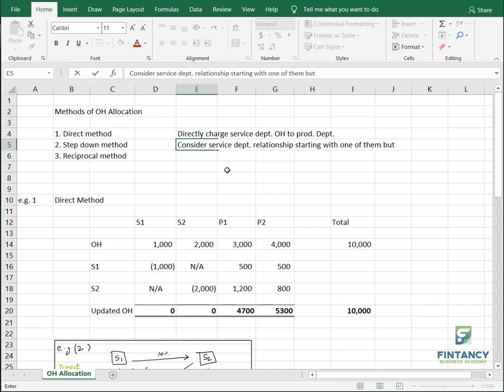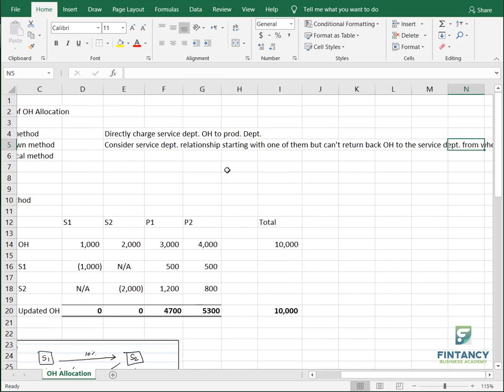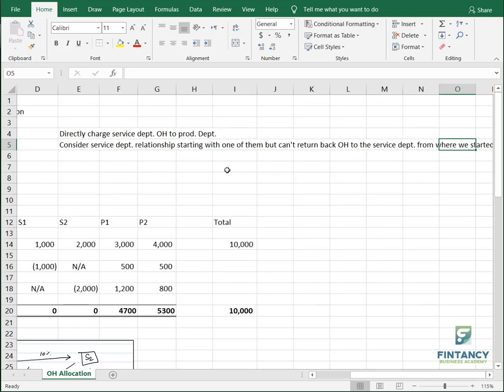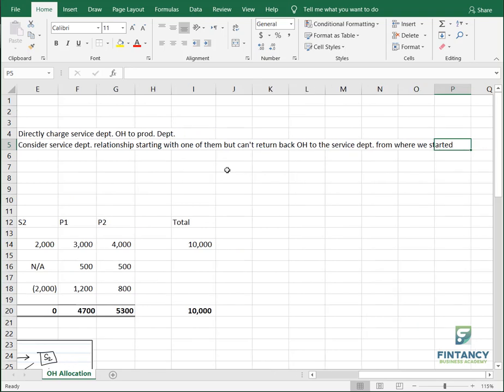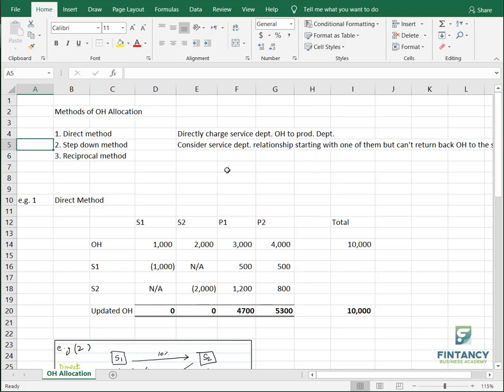But can't return back overheads, okay, to the service department from where we started. So this I wrote for you so you remember. See, consider service department relationship starting with one of them, but you can't return back overheads to the service department from where you started. So this is the explanation of step down method.